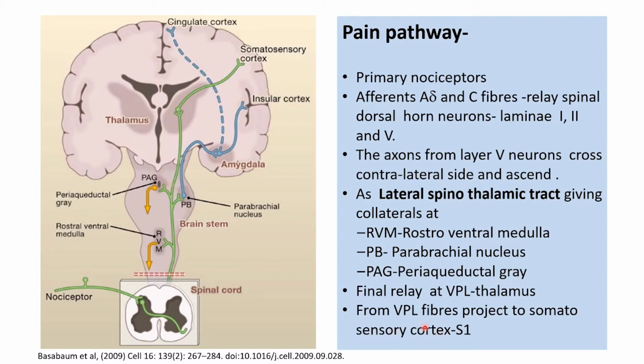The fibers from the ventero-posterolateral nucleus of thalamus project to somatosensory cortex S1, and that is area 3, 1, 2 of the parietal cortex. Subsequently, it will reach S2 and the cortical sensory association areas.